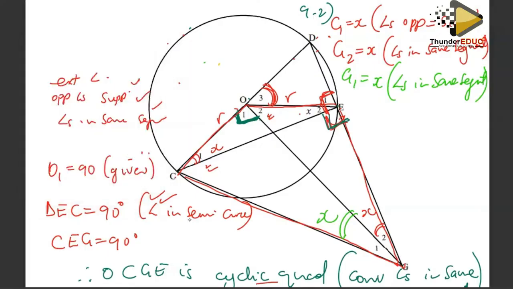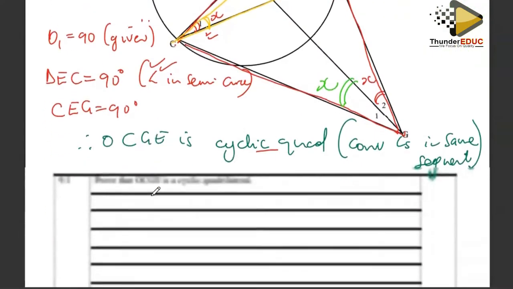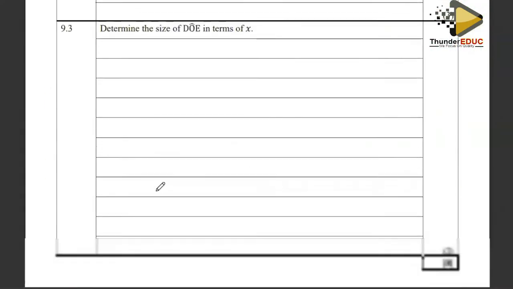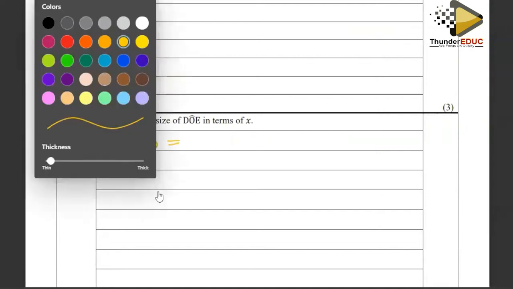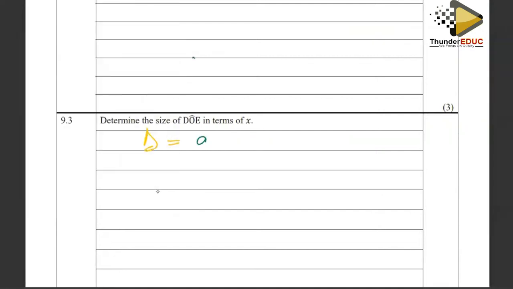If I look at this big triangle, this is a 90. This is our x, meaning that this angle D is going to be 90 minus x. That's what I'm going to start with. So I'm saying that D is 90 minus x, angles in which triangle?